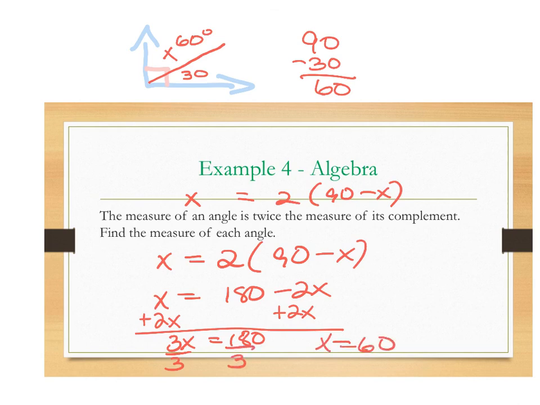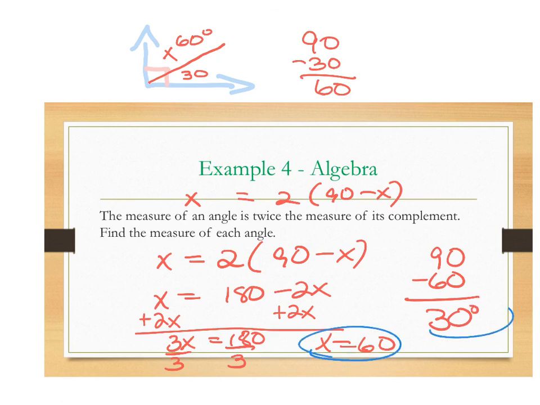Now I just did this problem without having a bunch of variables in it. So if I were to take my 60 to find its complement, we just saw that we would do this time, instead of 90 minus 30 to get 60, I'm now doing it backwards, 90 minus 60, and the complement is 30.